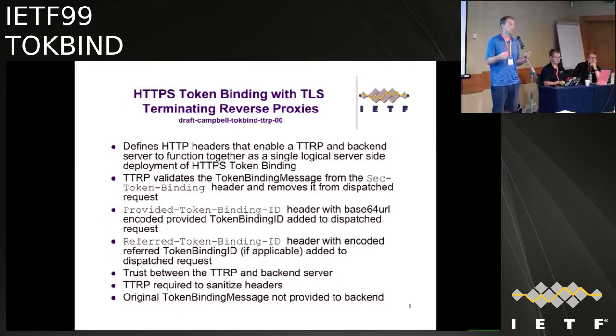And the TTRP then is required to strip these headers when not appropriate, to prevent a client from sending them through and injecting them in the back end inappropriately. That's how it's written now. And there's a request, proposal, suggestion that something more active be done. It's good. I just wasn't sure it was made out as carefully at this point.